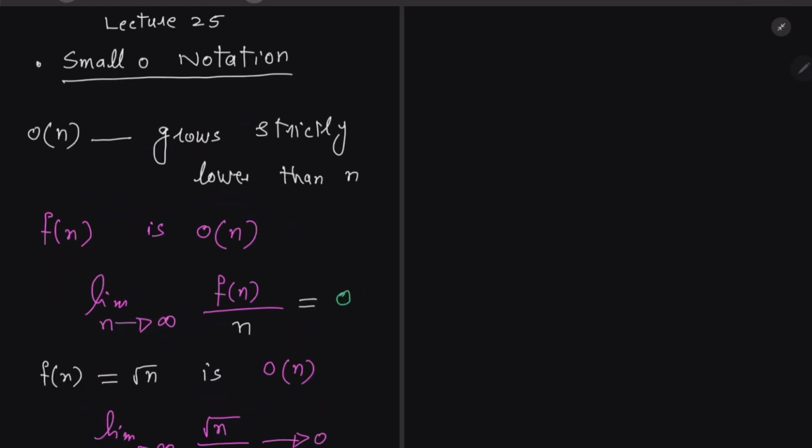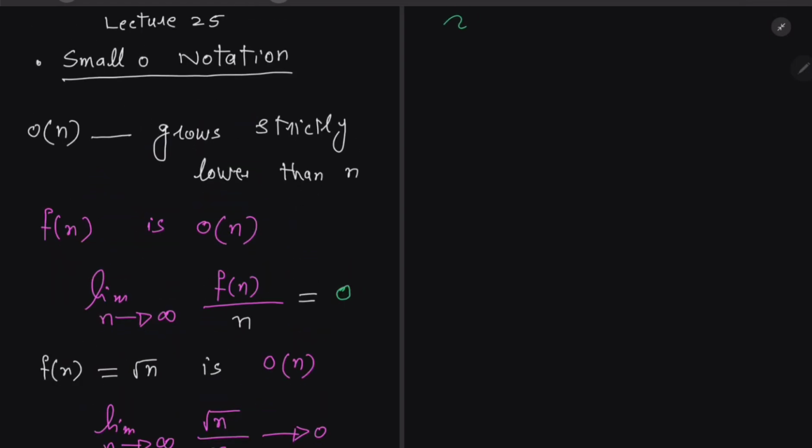Similarly, when we have f of n equal to log of n, we say that log of n is small o of n.